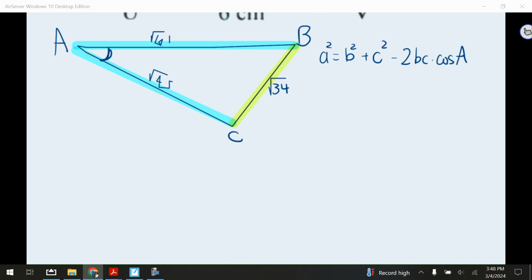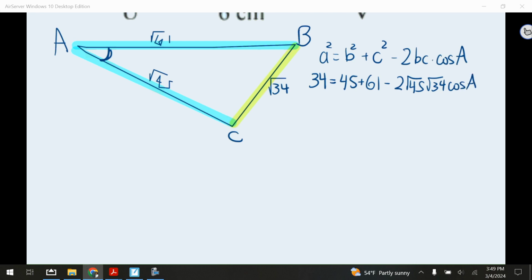I know A squared is the square root of 34 squared. That's just 34. B squared is the square root of 45 squared, which is 45. C squared, again, C is across from angle C, is the square root of 61 squared. That's 61 minus 2B square root 45, C square root 34 times the cosine of angle A.